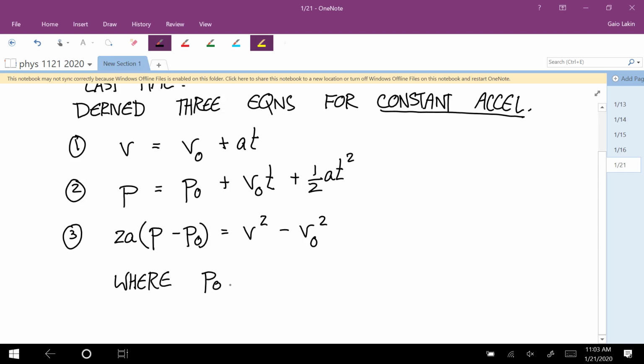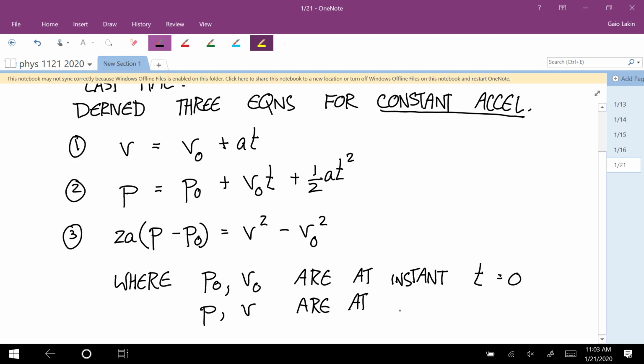Where p0 and v0 are at the time equals 0 instant, and p and v are at the instant t.